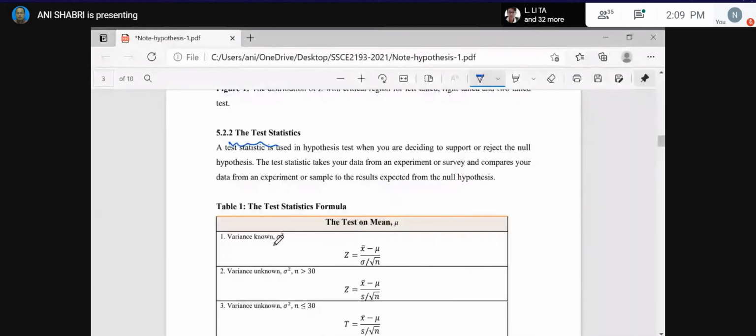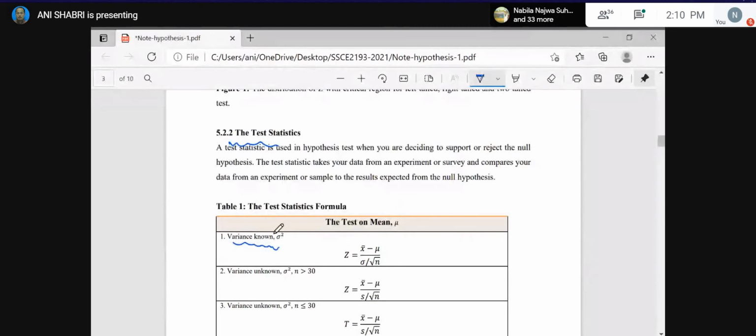Number 2 is when the population variance is unknown and s is given: we use the same formula with z, just substituting sigma with s.